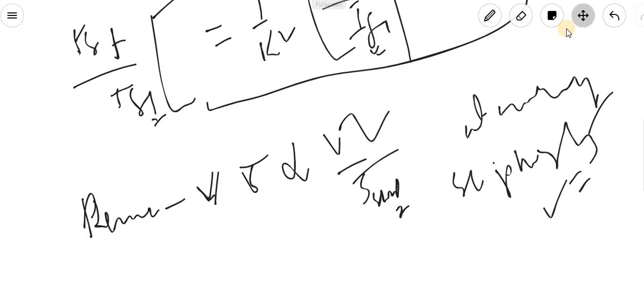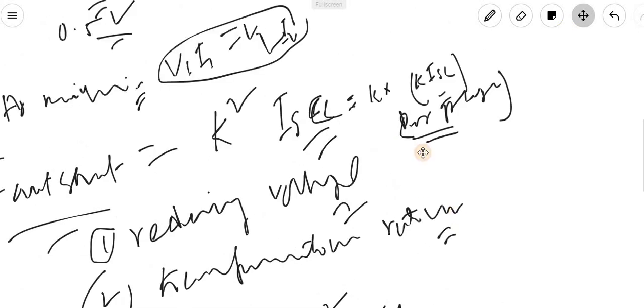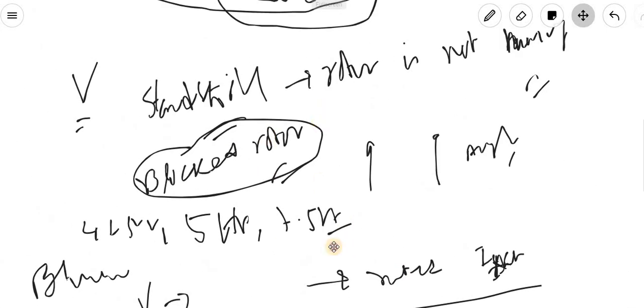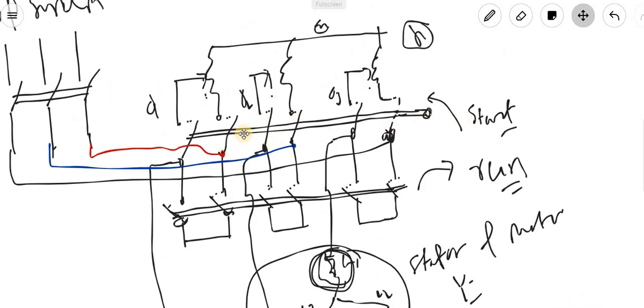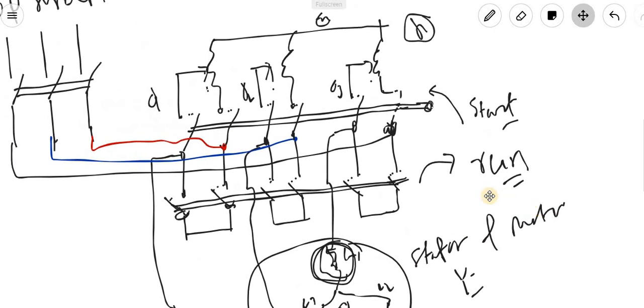So if we finalize these things, we discussed the connection of the autotransformer, and how it works as a starting switch and the running switch, to run the three phase induction motor. This would be the connection.